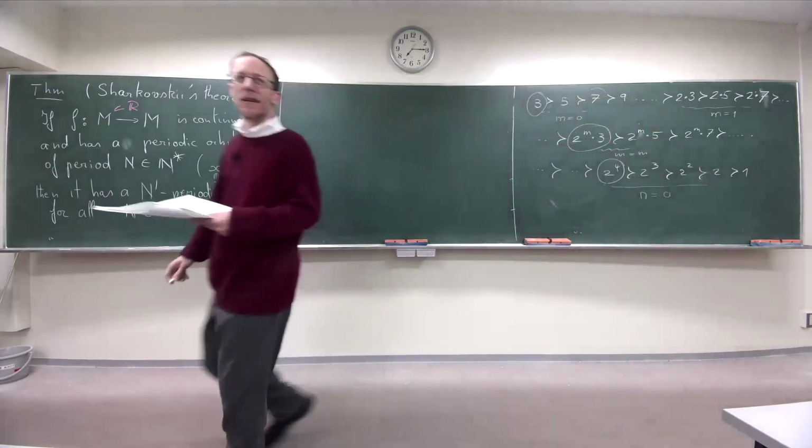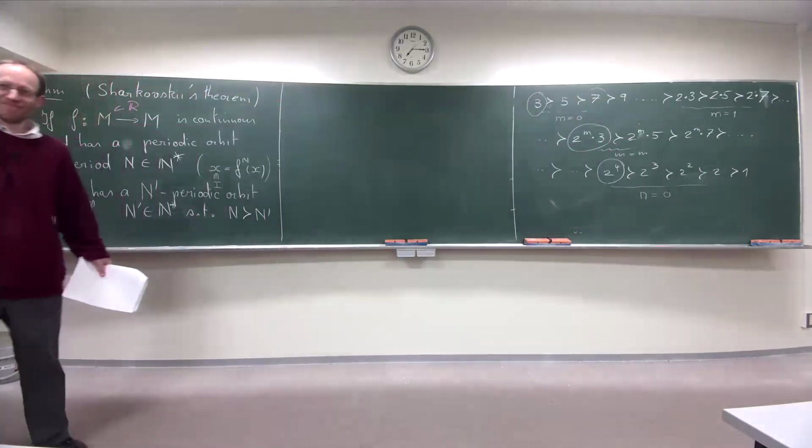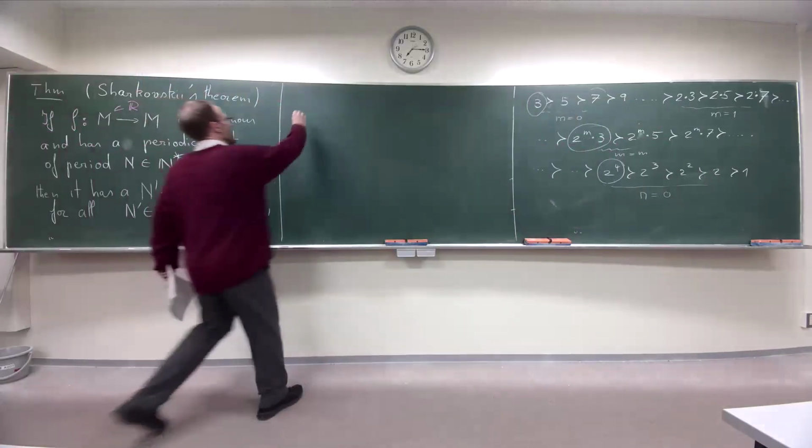So this theorem implies that if the system has a period 3, then it has every period.